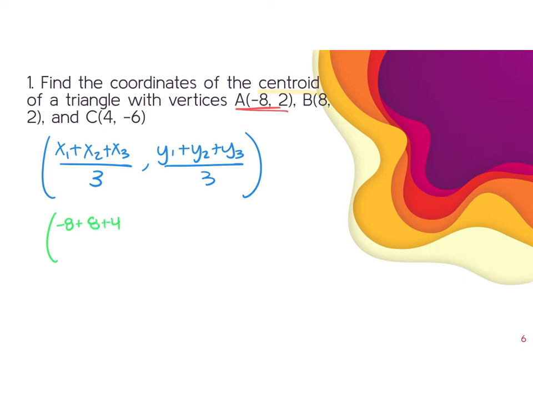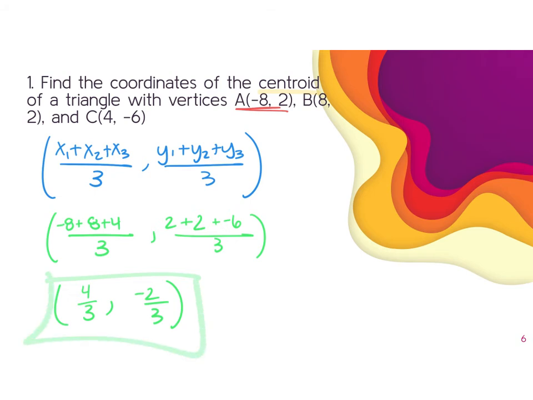You could have chosen any of them to be x1, 2, and 3 because you're just adding numbers. And then our y's: y1 is 2, y2 is 2, and y3 is -6, divided by 3. -8 plus 8 is 0, plus 4 is 4 thirds. 2 plus 2 is 4, plus -6 is -2 thirds. And this is our centroid.